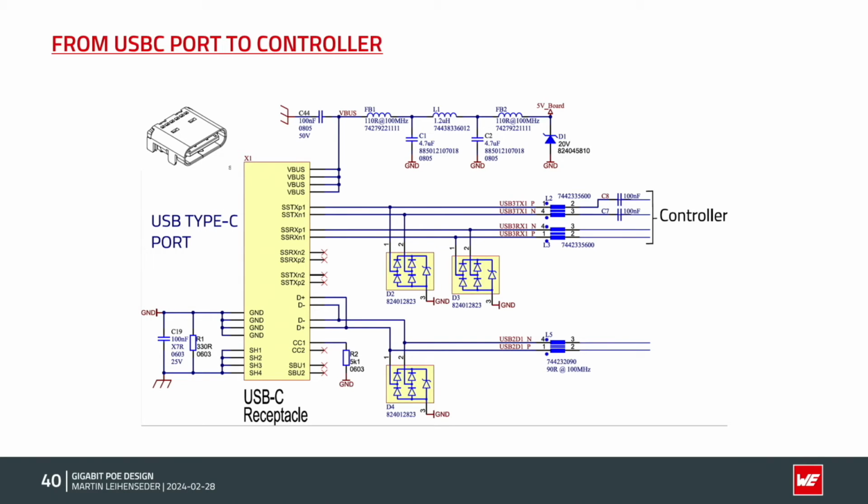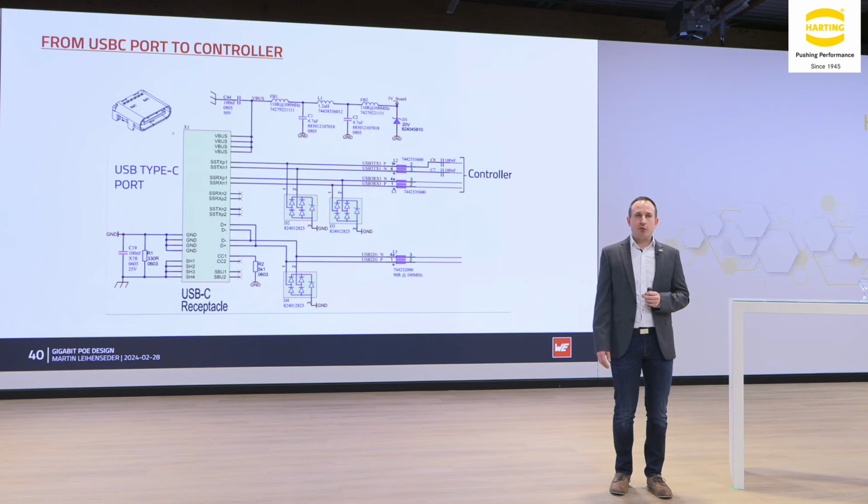And also here, like for the LAN connection, we have TVS diodes in the middle. We have TVS diodes for the two high-speed channels, and we have 2 channels for the USB 2.0. Both take the same TVS diode.